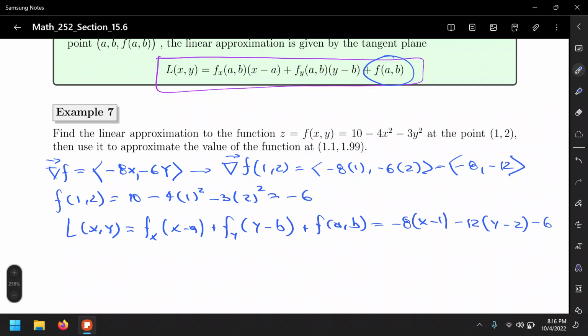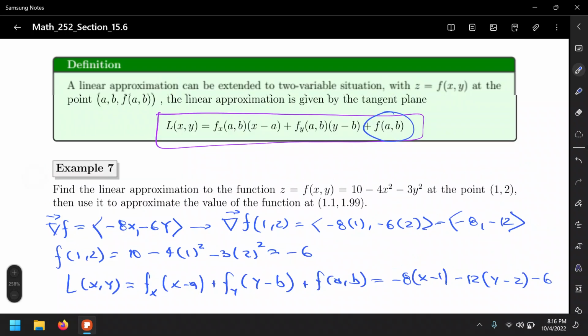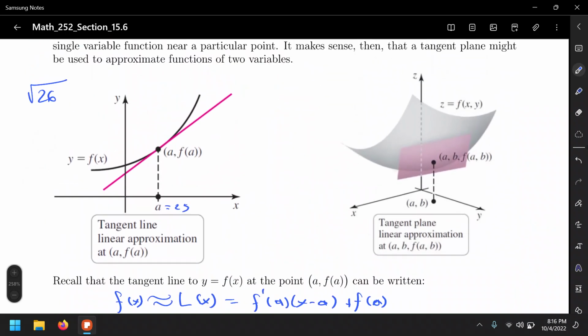And of course, recall that we cannot just approximate any value. So coming back to the picture from Calc 1, this linear approximation is good enough only to approximate values maybe 24.1, maybe 25.8 for example. But can I use this linear approximation to estimate the square root of, say, 51?